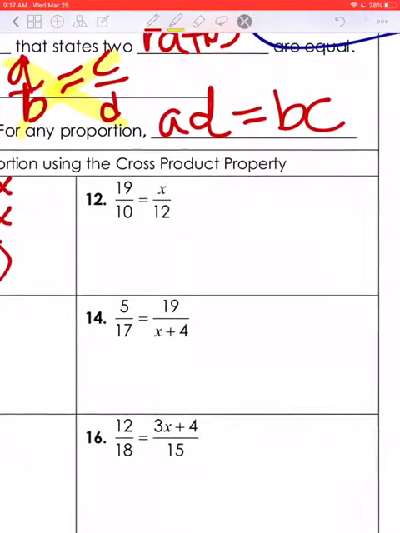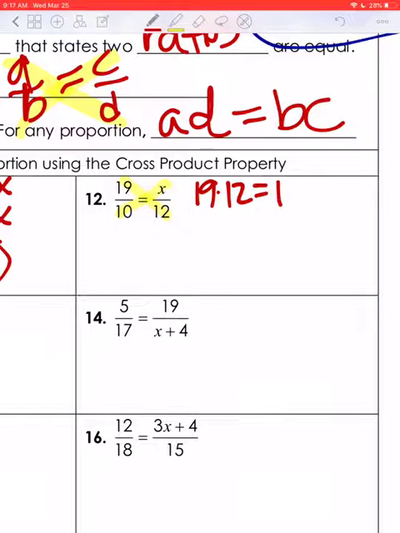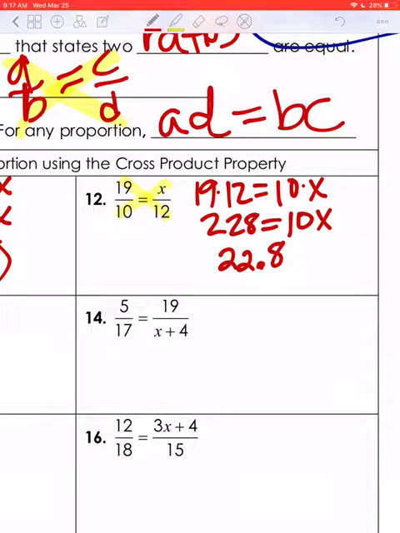Okay, let's look at 12. Multiply across, and I get 12 times 19, or 19 times 12, equals 10 times x. That's 228 equals 10x. 22.8 equals x when you divide by 10 there.